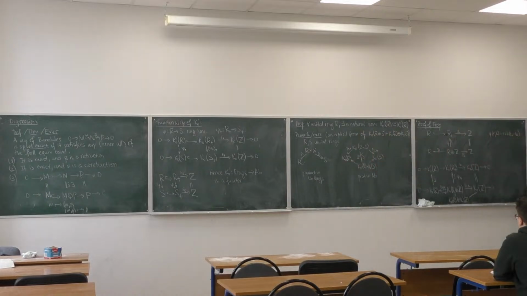It's easy to deduce from the construction, and this is a little exercise for you, that this isomorphism between K0 of R and K0 prime of R is natural in R. And this completes the proof.